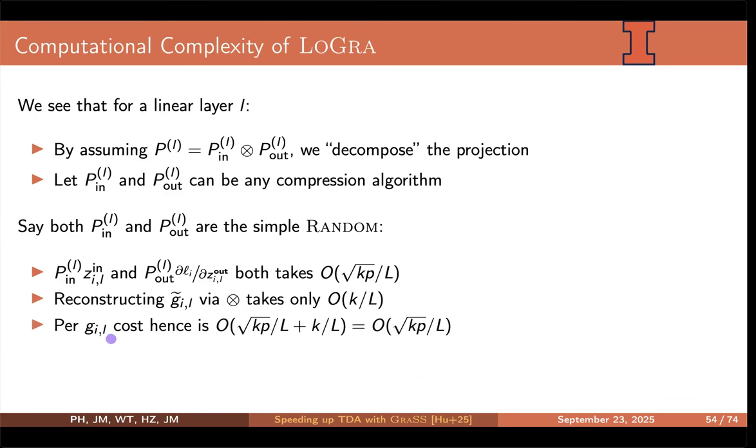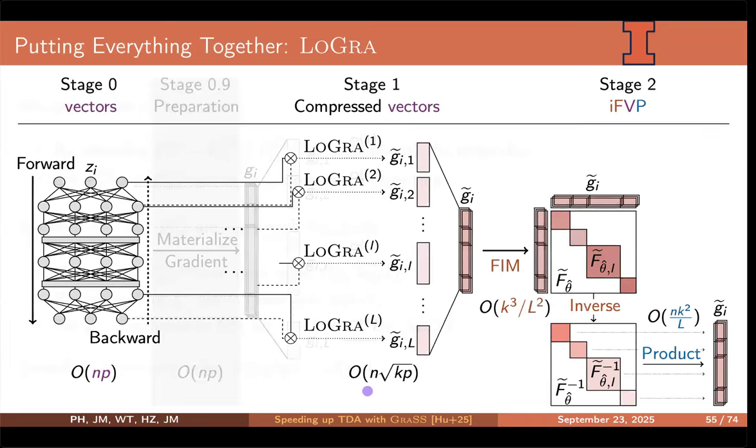So now per GIL cost is only square root of kp, everything over L. Now, if you consider all data points and all layers, LoGra only takes n square root of kp, which is smaller than np, and they overcome the need to materialize the gradient. So they bypass this preparation stage, and the whole compression algorithm takes only O(n square root of kp).